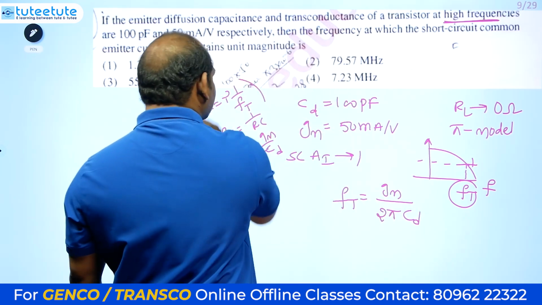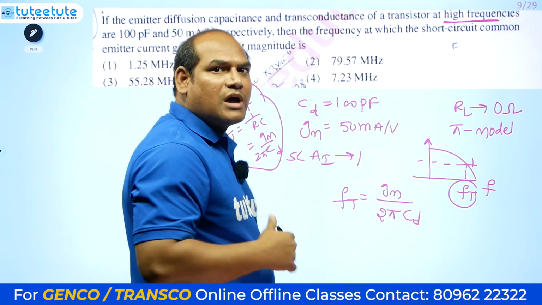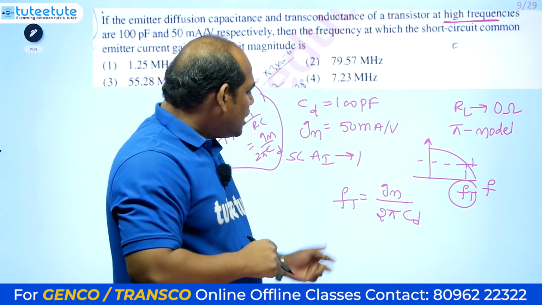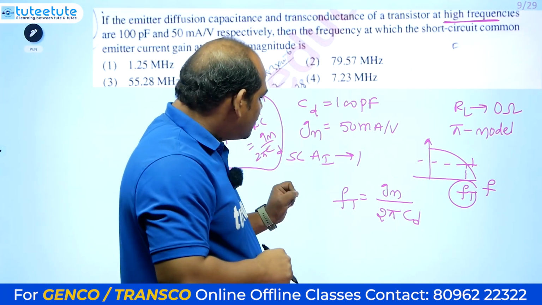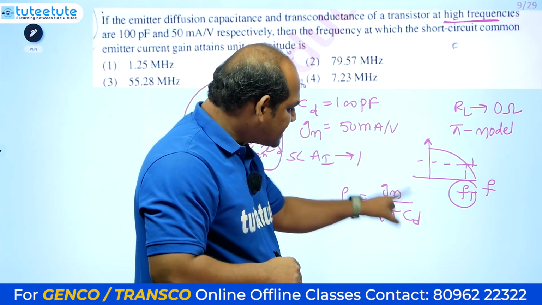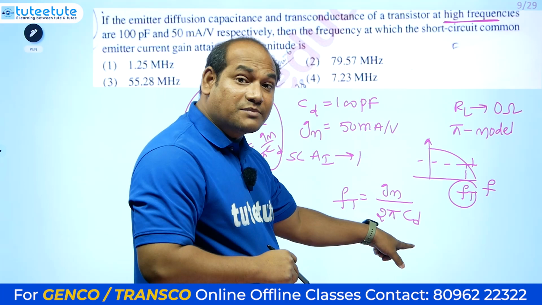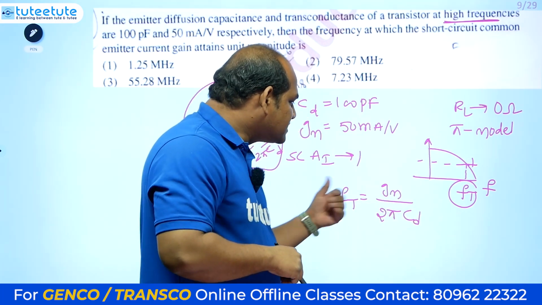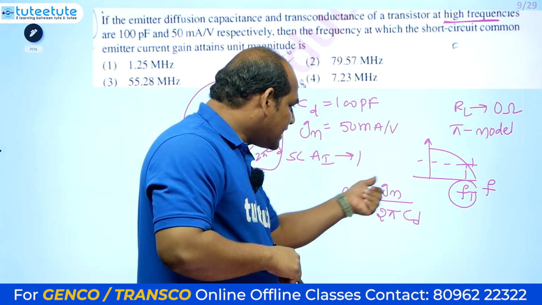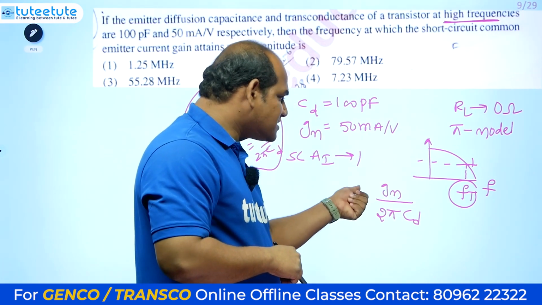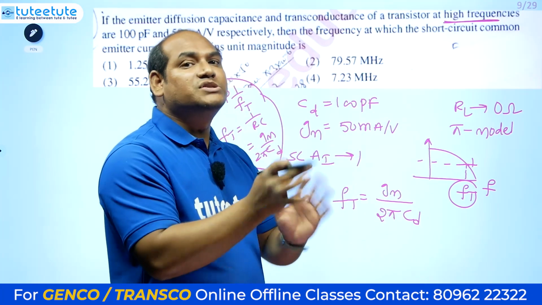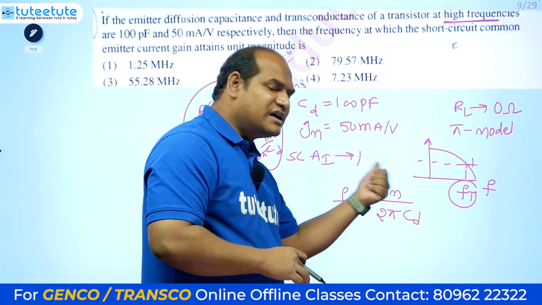Here, just to have the correct formula, we need to follow the units. We know RC is equal to time constant. If you send fT this side, 1 by fT means seconds, since 1 by frequency is seconds. On this side we have CD, and gm coming like this. 1 by gm means resistance only. So RC is equal to time constant. Like that, you need to check the units without forgetting the formula.